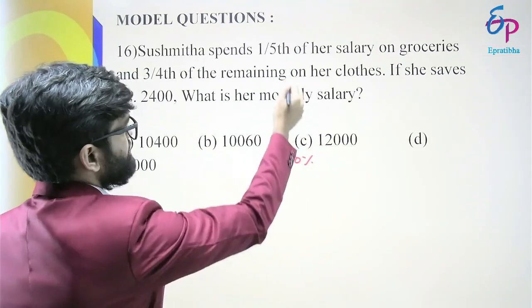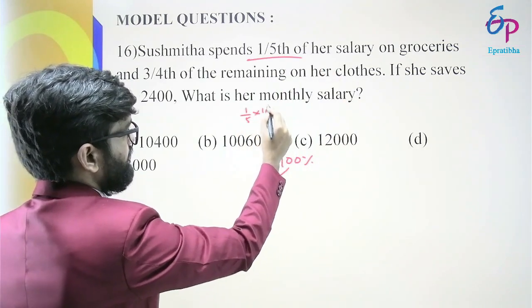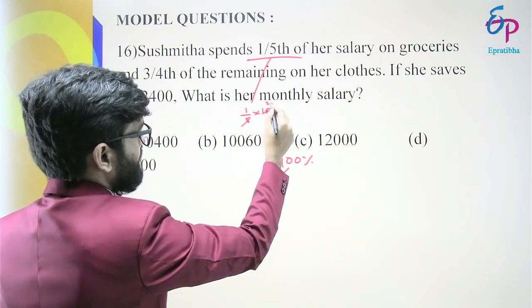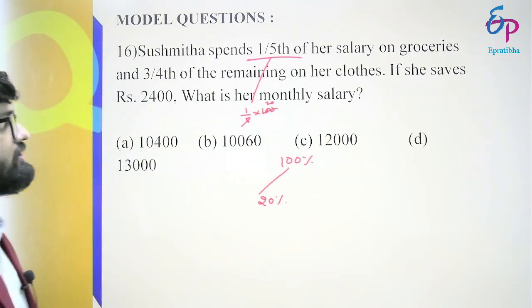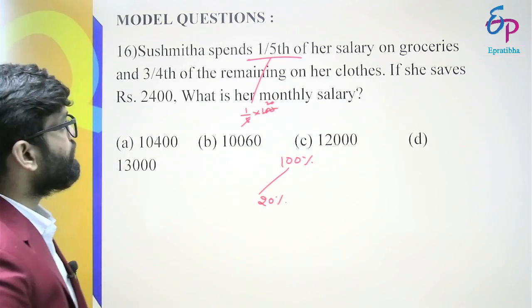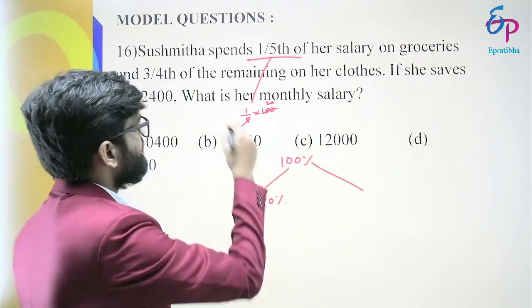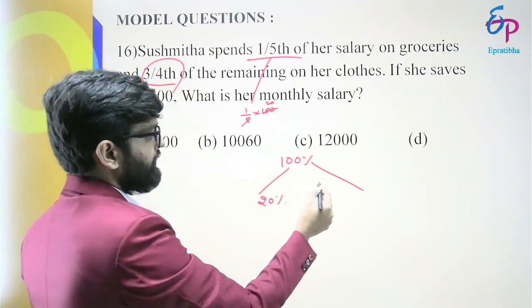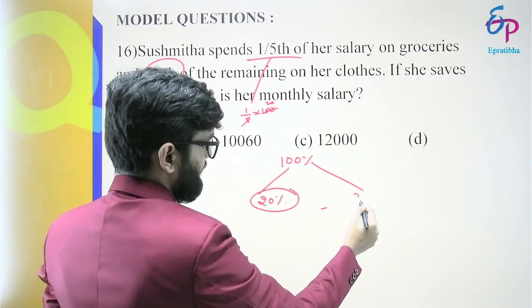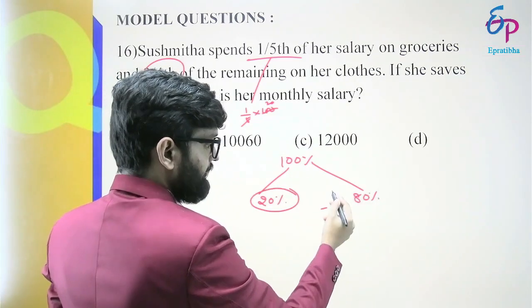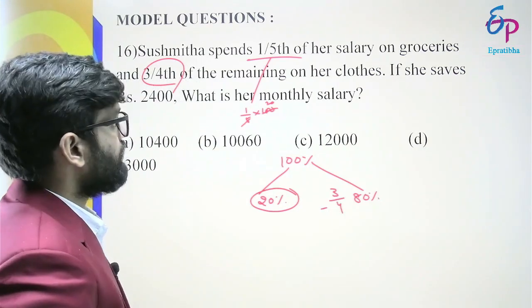Now 1/5 means how much percentage? 1 by 5 into 100 is 20%, so she spends 20% on groceries, and 3/4 of the remaining. 3 by 4 means 75%. If 20% is spent, 80% will be left, right? In that, 3 by 4 she has to spend on clothes.